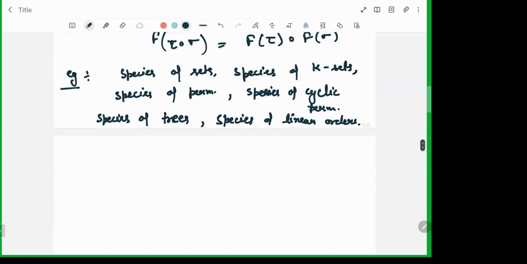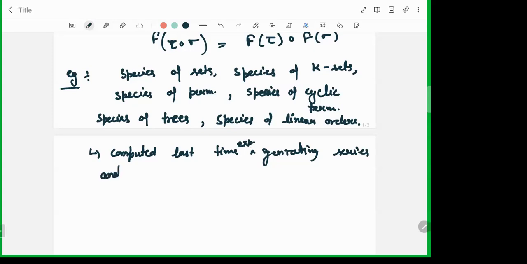Then in the week 11 session, we computed generating functions: the exponential generating series and the isomorphism type generating series for our species.